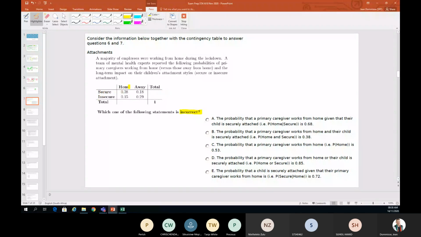Okay, so how would you guys have worked that out? We first need to add a bit of probabilities in here. This is one of those that they don't complete, so you need to complete it.